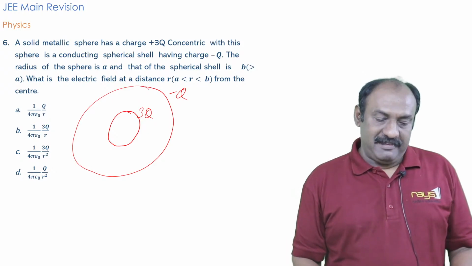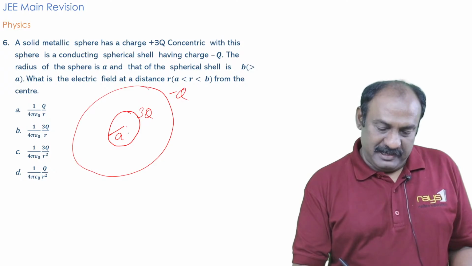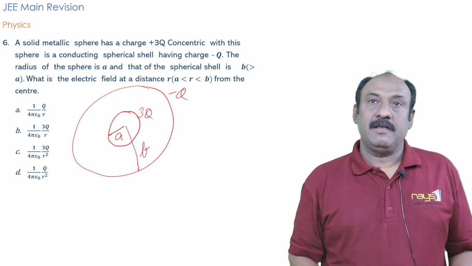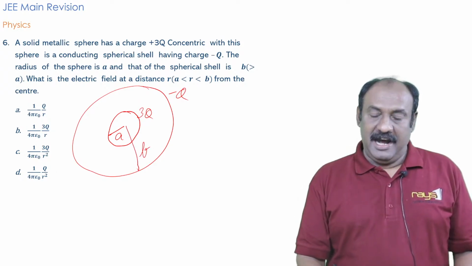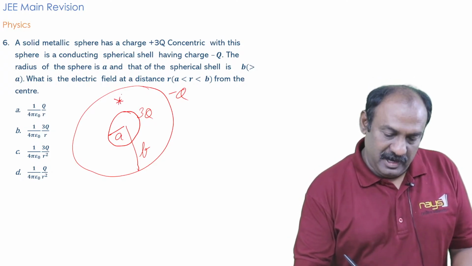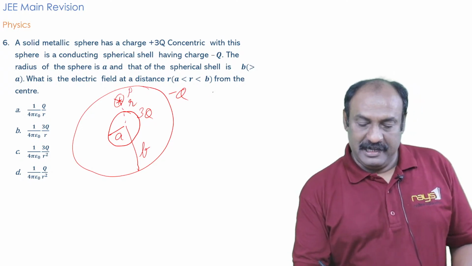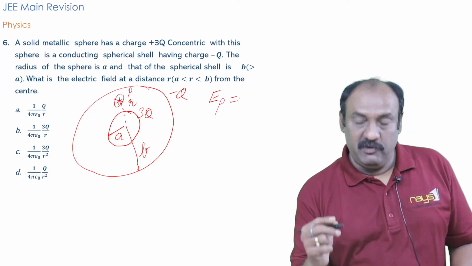Now the radius of the sphere is small a and the radius of the spherical shell is small b. Then what is the electric field at a distance small r from the center? Electric field intensity at point P we want.